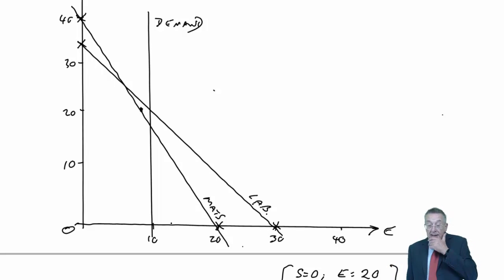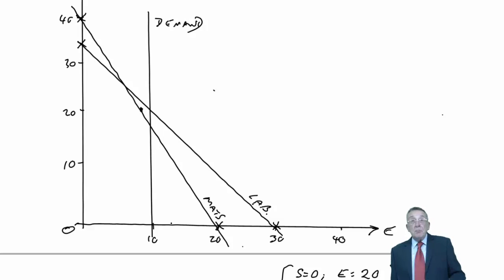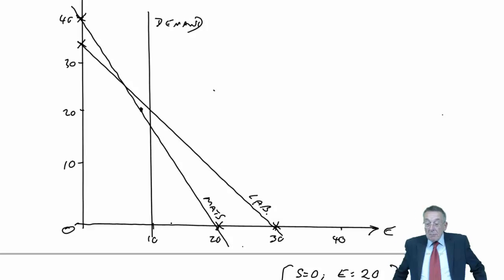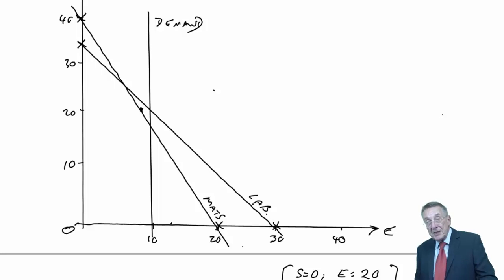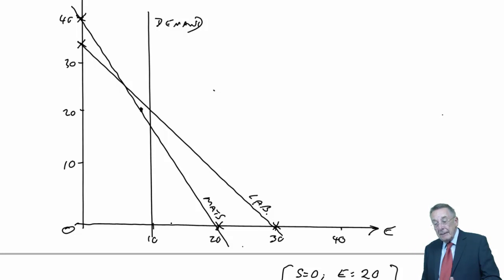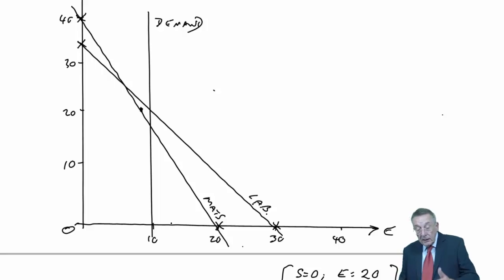Well, there are constraints, but what's important, of course, is that not only must we be on or below the materials line, but we've also got to be on or below the labour line. And we've also got to be on or to the left of the demand line, which limits us.